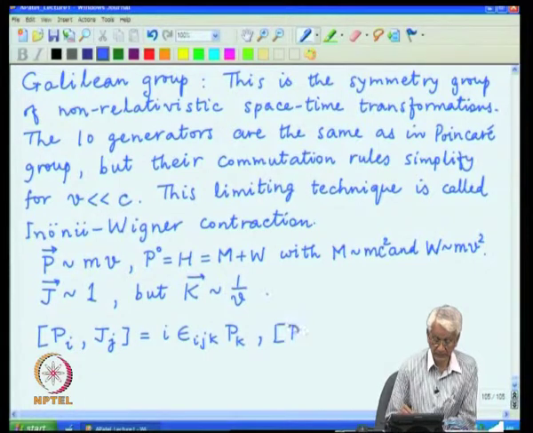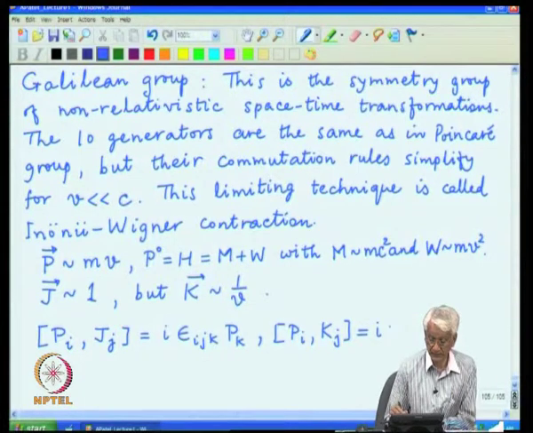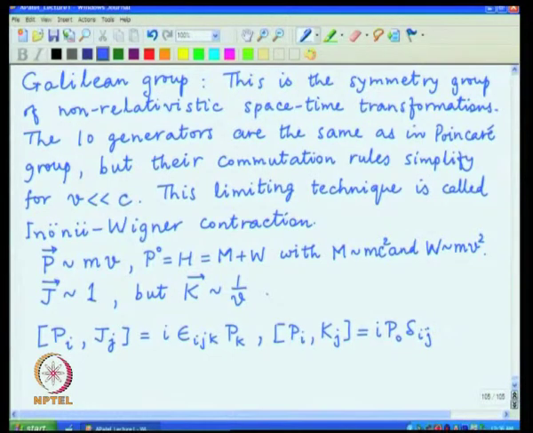The similar rule for p and k is the p 0 component with a Kronecker delta, and then there are the rules which now involve commutators of p 0 with j and k. These are the only non-trivial ones.